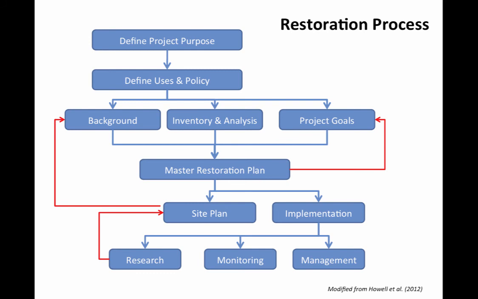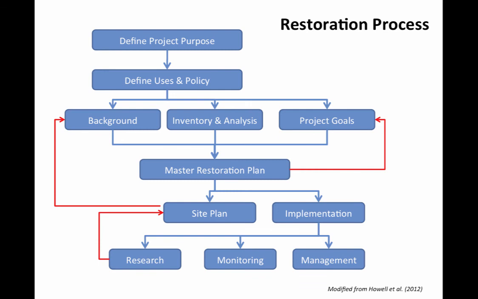And then finally, inevitably, unless you're restoring your own land and you have no other partners, which is usually not going to be the case, especially if you're working in many collaborative types of projects or collaborative organizations, or it's a multi-organization restoration plan.